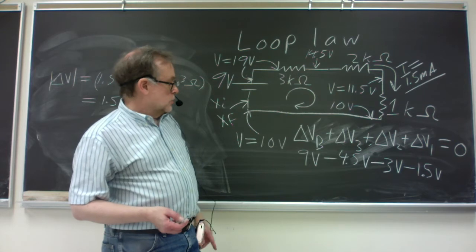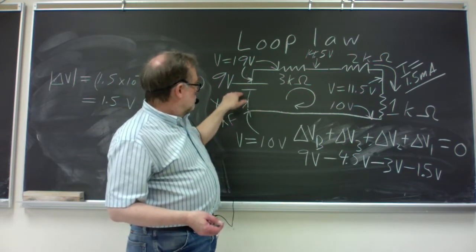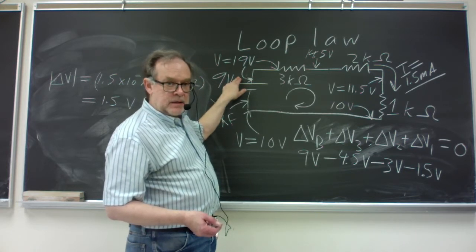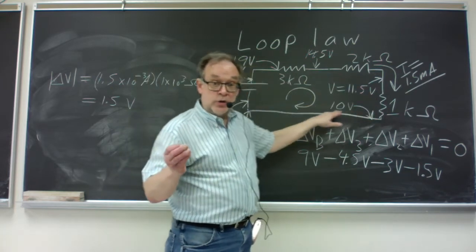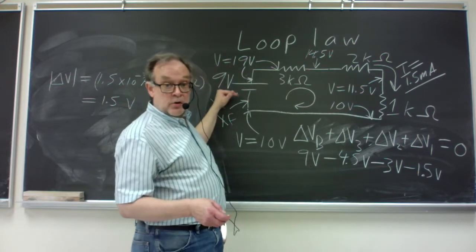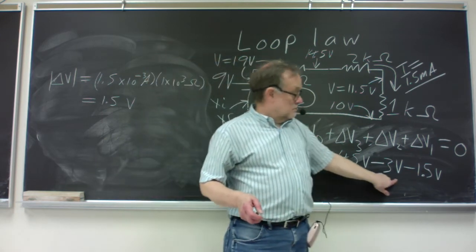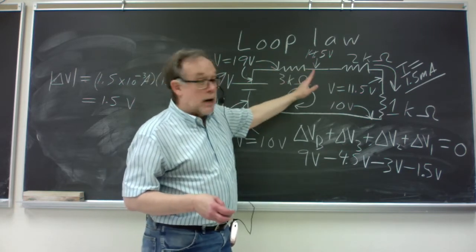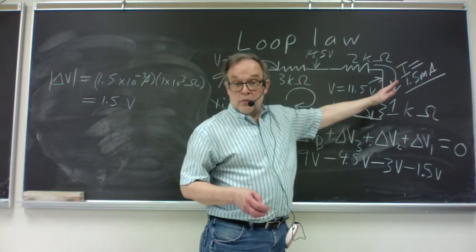Or to put it another way, the potential increase when we took this first step of the loop is subtracted away completely when we go through the potential decreases in the rest of the loop. The potential increase, when you take the first step through the loop, is totally subtracted away when you go through the potential drops, the potential decreases through each resistor.